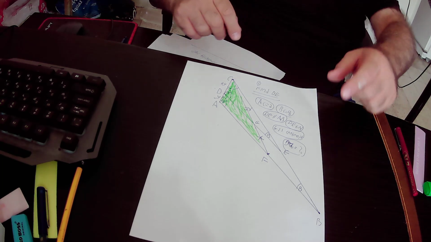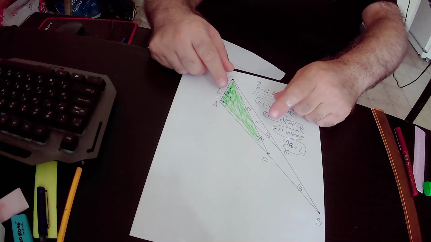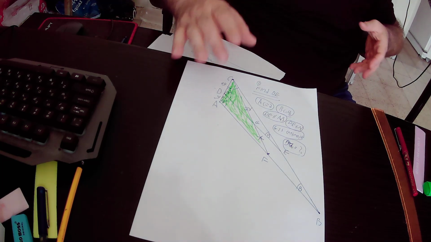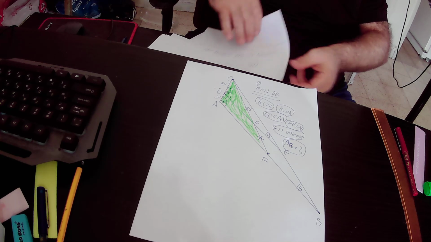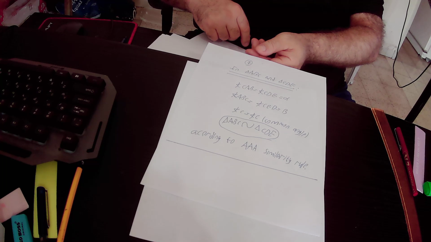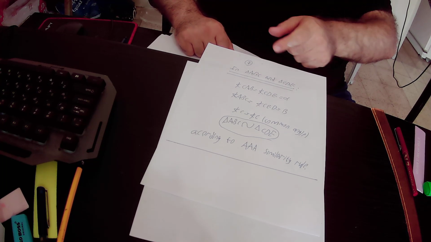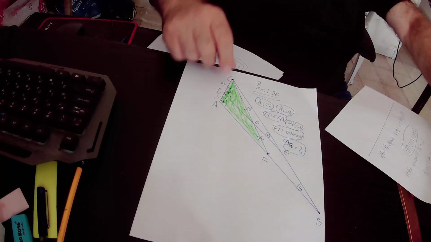Then we focused on the big triangle, triangle ABC, and the small triangle, triangle CDE, and we proved that those two triangles are similar to each other. We know that angle CAB equals angle CDE, and both are equal to alpha.